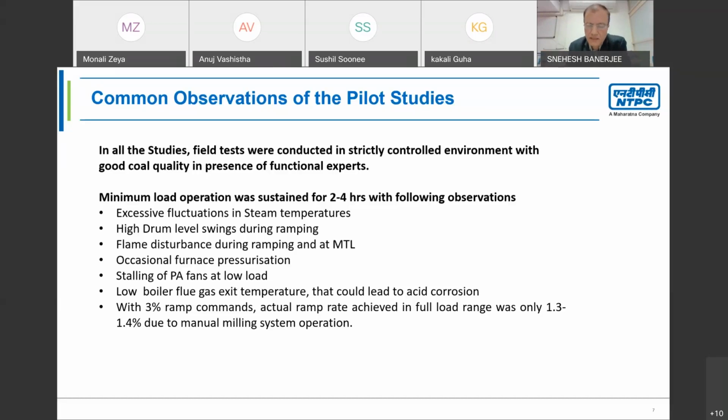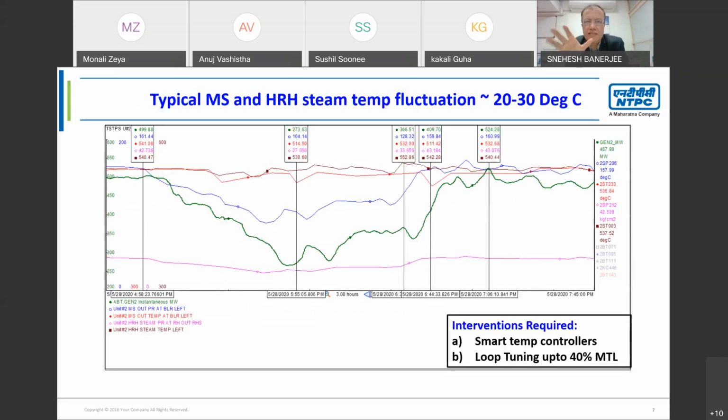So these are the basic observations, and based on those, we are moving towards more detail of the observations one by one. If we see the main steam and HRH steam temperature fluctuations, we have observed a fluctuation to the tune of 20 to 30 degrees centigrade with respect to our rated parameters.